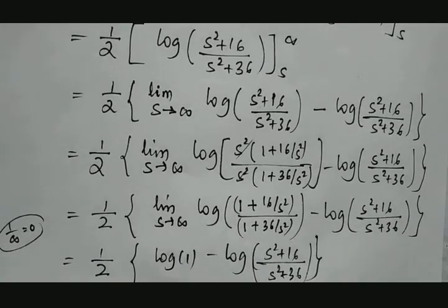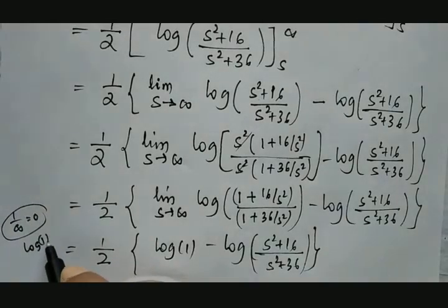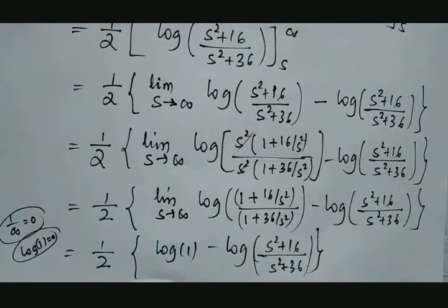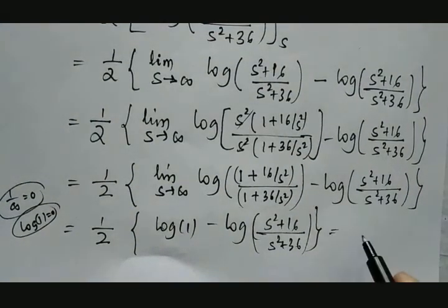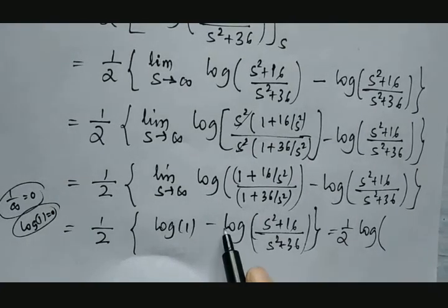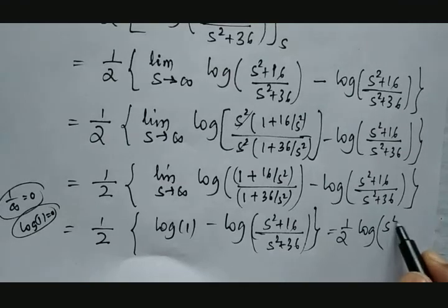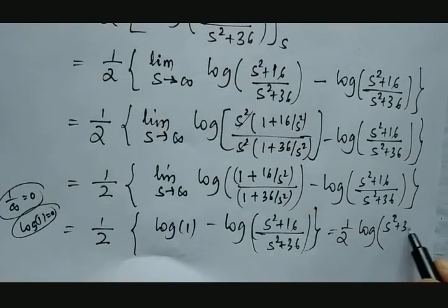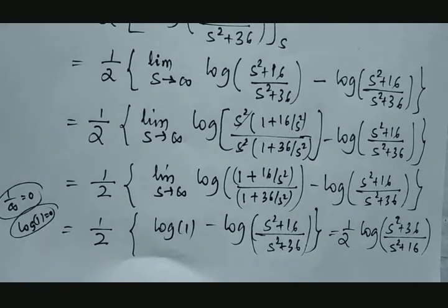Since we know that logarithm of 1 is equal to 0, therefore this is equal to 1 by 2 into logarithm of, since minus will become plus if you interchange the numerator and denominator, s square plus 36 divided by s square plus 16.